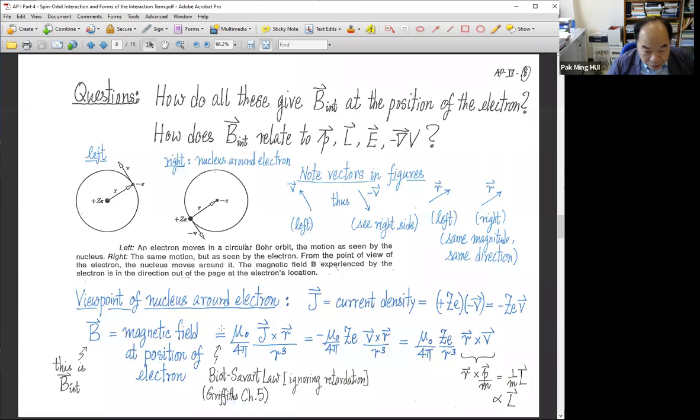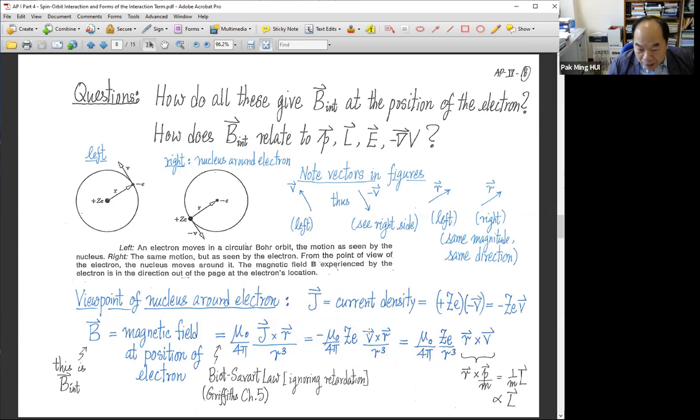There is a formula to give the B field due to a current density. This is J cross R, and it is this R, cross into the position where you want to find the B field. If you plug this J into here, you will get this formula. That is the B field that the electron feels.